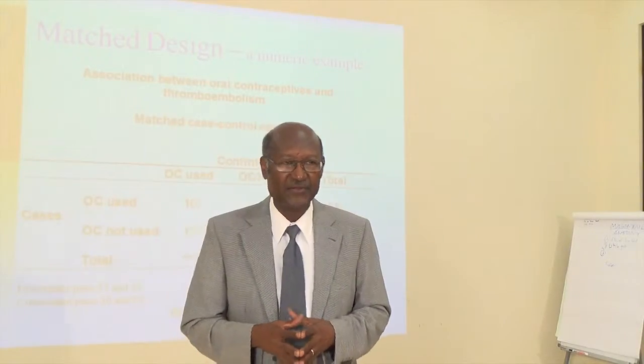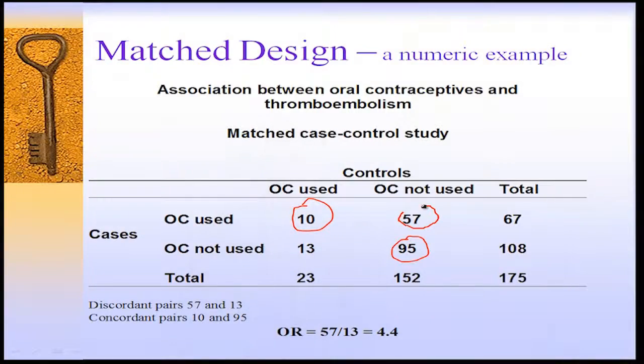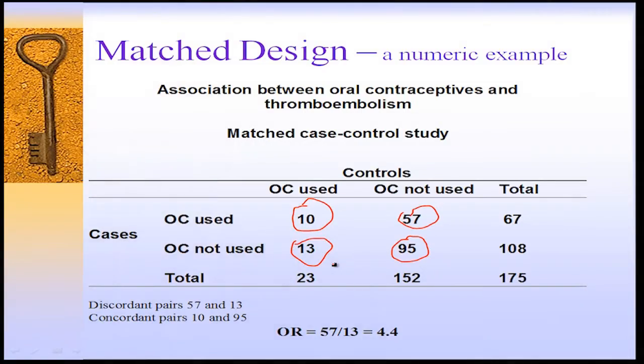When we consider discordant pairs, these are 57 and 13. These are the situations where we have variance. In 57 pairs, controls did not use contraception while cases used contraception.